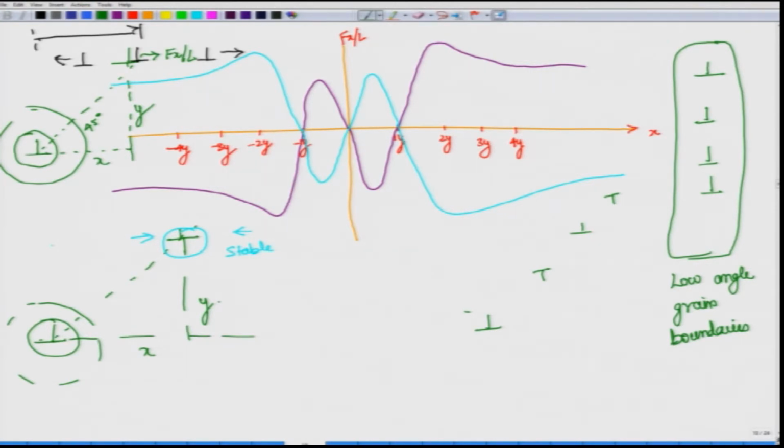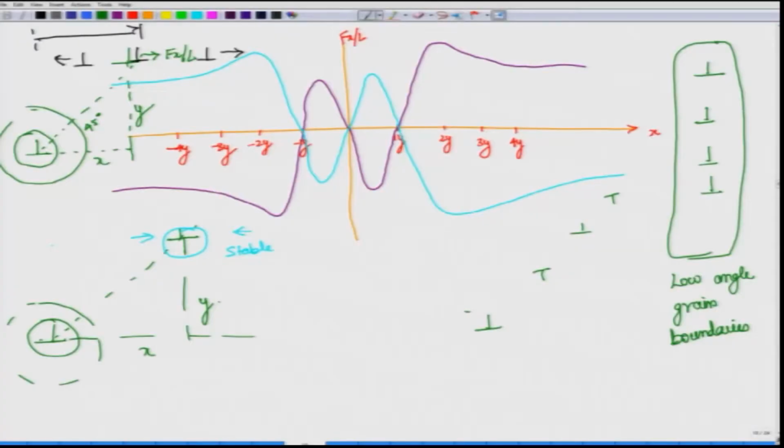A set of these gives a significant amount of misorientation, depending on the gap between the dislocations, so it will form somewhere between a 0 to 15 degree grain boundary. Beyond 15 degrees we do not call it a small angle grain boundary, as the dislocation cores start to overlap. We will come to that most likely in the second part of this course. So, this will form a small angle or low angle grain boundary.